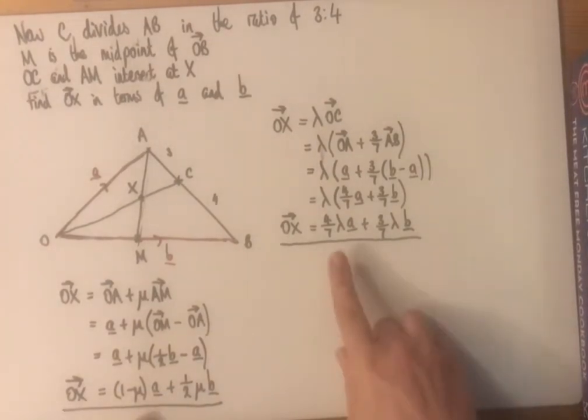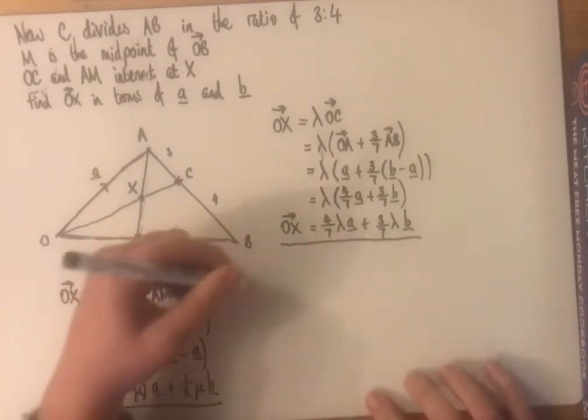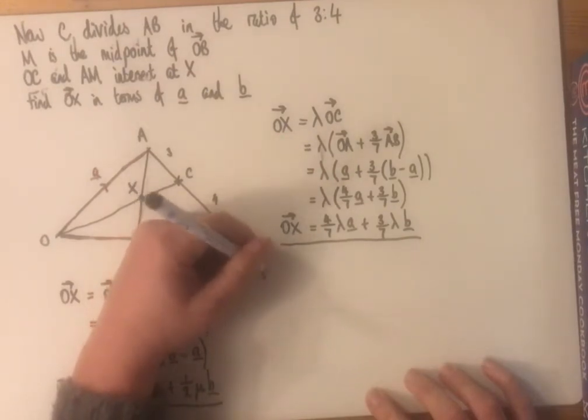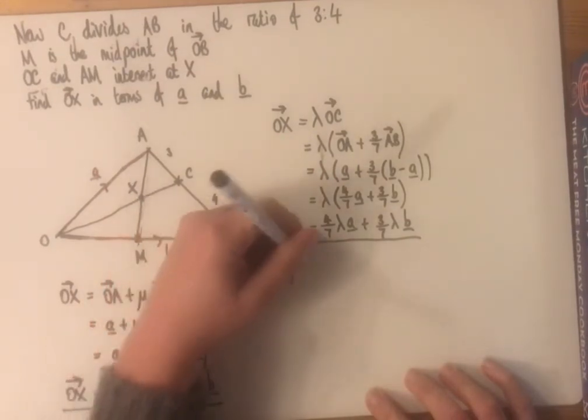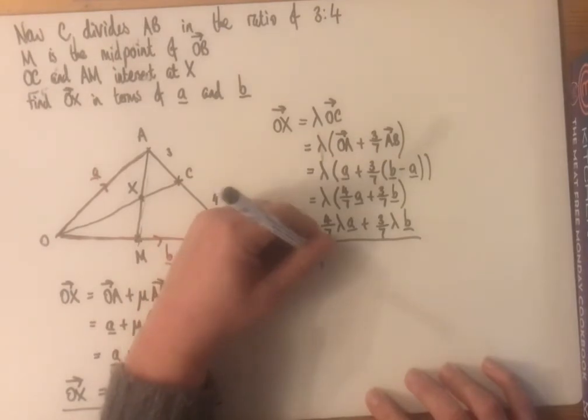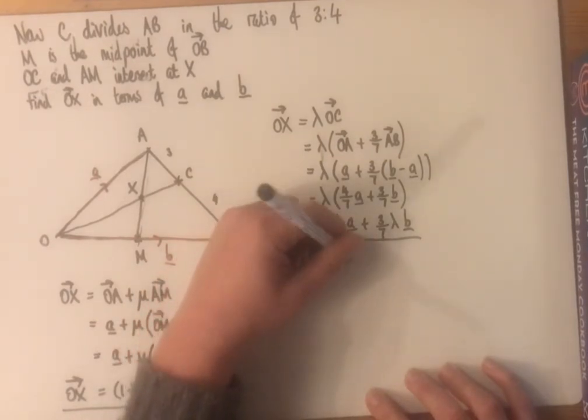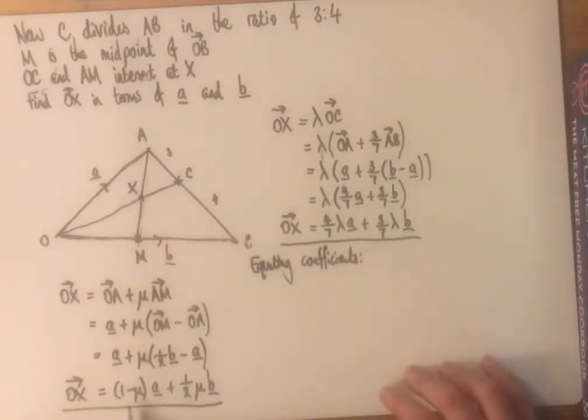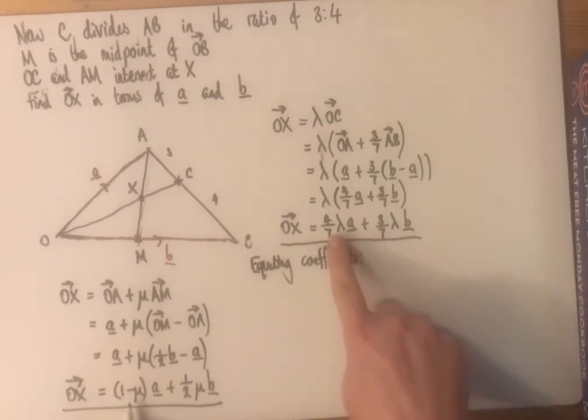So these two things need to be the same, and so we can match up coefficients now. So we need 1 minus mu to equal 4/7 lambda, because we need to go the same fraction along a for both of them.